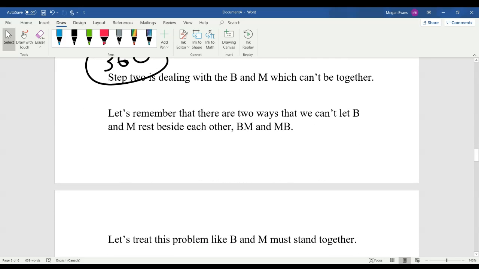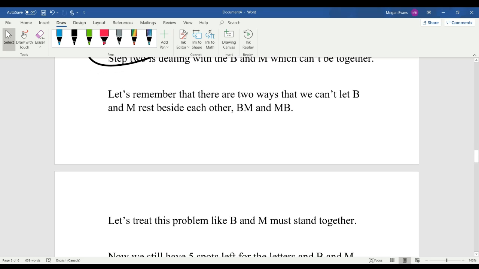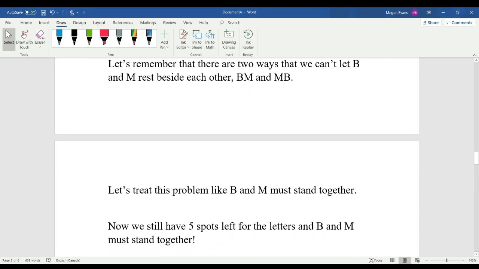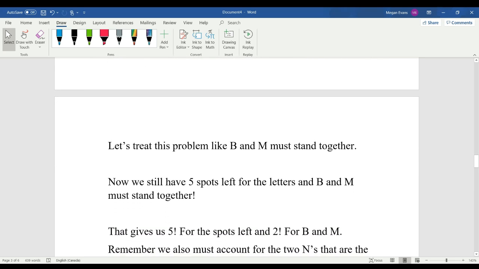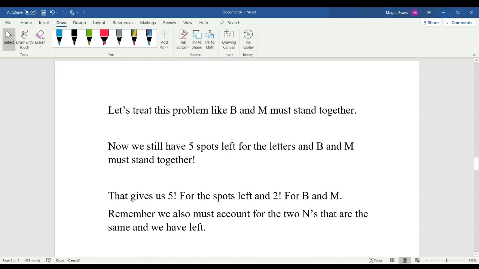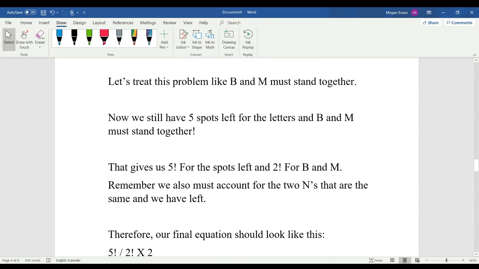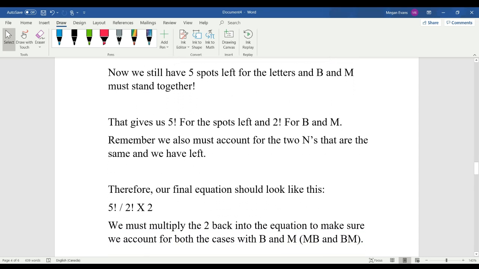Step 2 is dealing with B and M, which can't be together. Let's remember that there are 2 ways we can't let B and M rest beside each other, BM and MB. Let's treat this problem as if B and M must stand together, which is a little bit simpler for now. We have 5 spots left for the letters, and B and M must stand together.